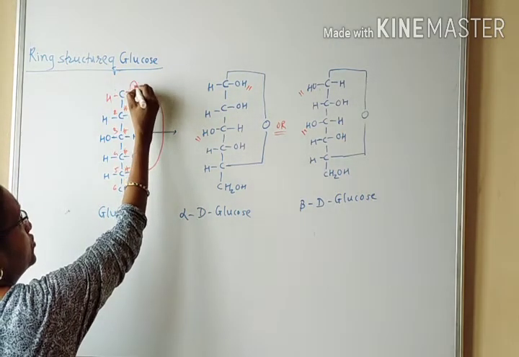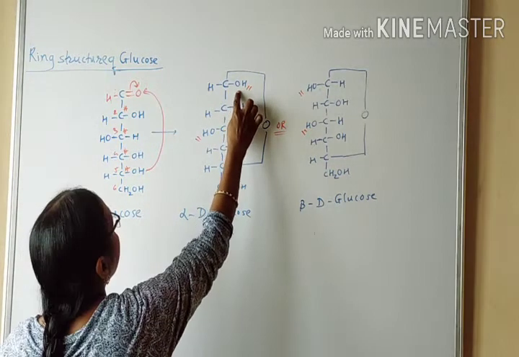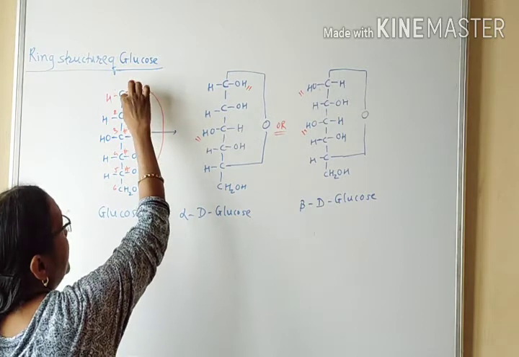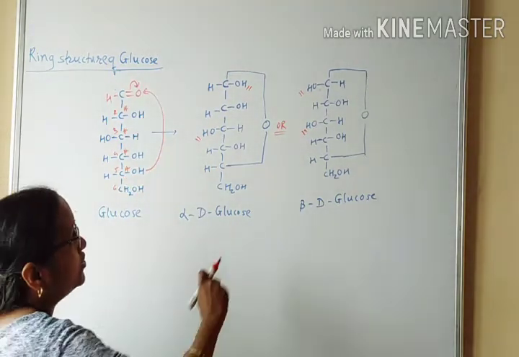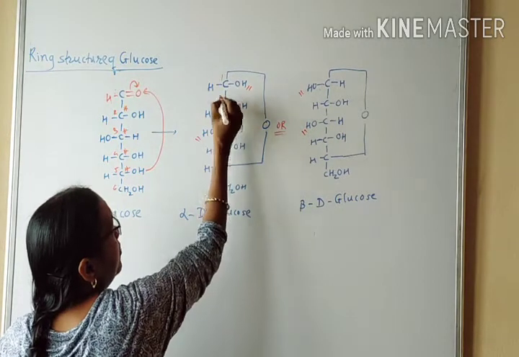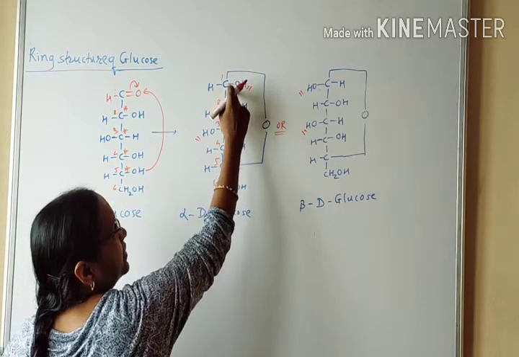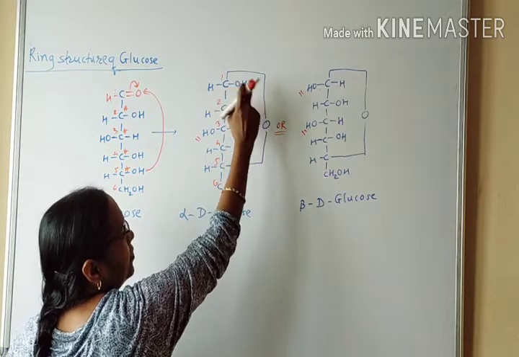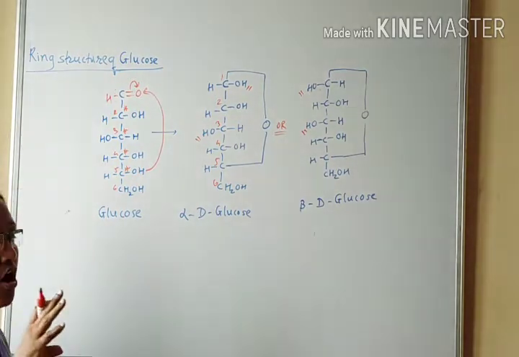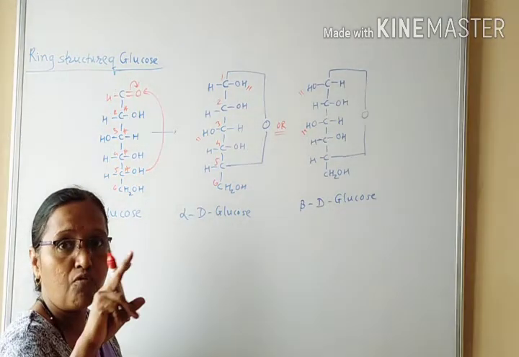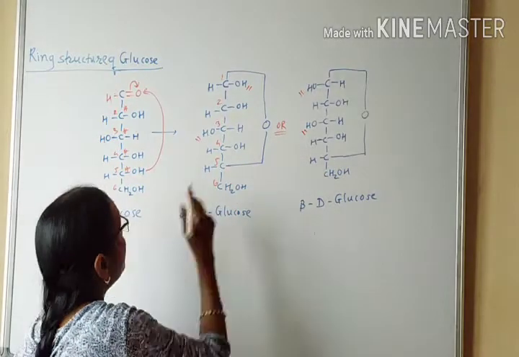That bond breaks, so O gets converted into OH, and the first carbon atom is attached to the 5th carbon atom by oxygen. So the first carbon of glucose is attached to the 5th carbon atom to form a 6-membered ring. That is the ring structure of the glucose.